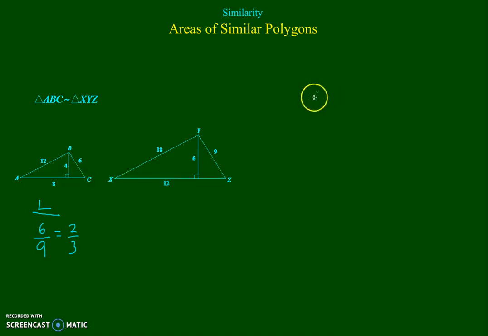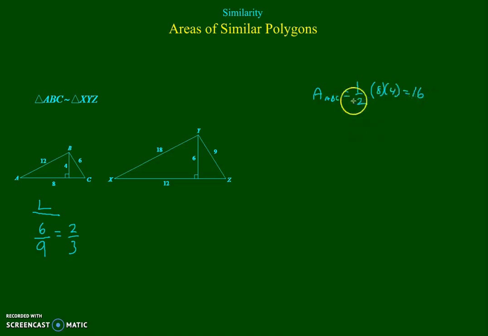So the area of ABC is 1/2 the base, AC is 8, times the height, which is the altitude. So that's going to be 8 divided by 2 is 4, times 4, 16.